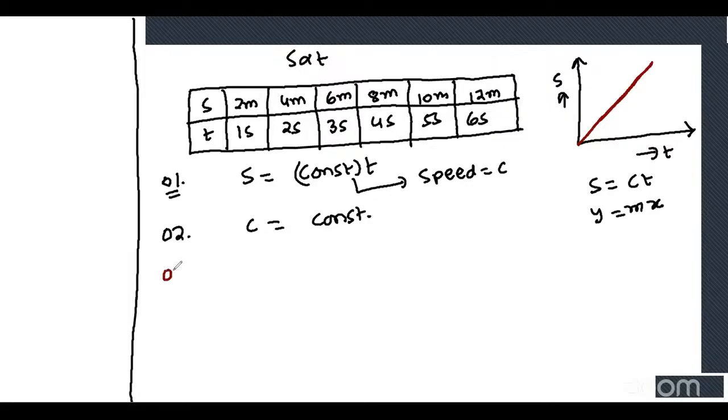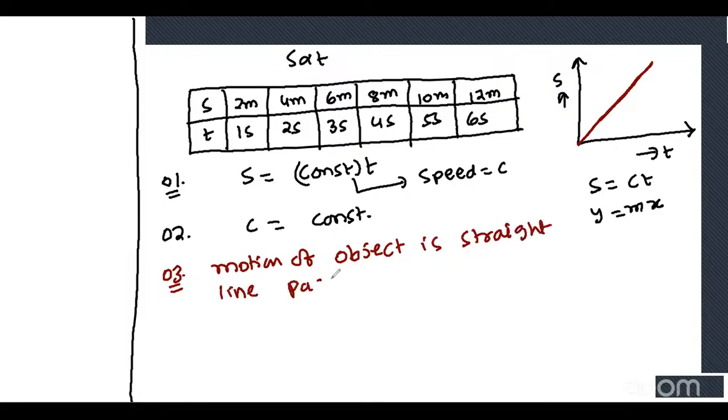So the motion of the object is a straight line passing through origin with positive slope.